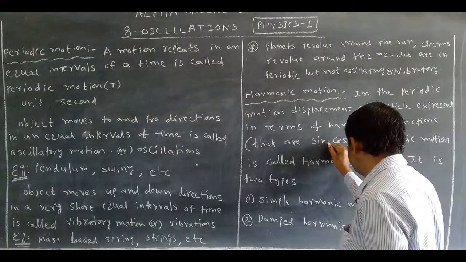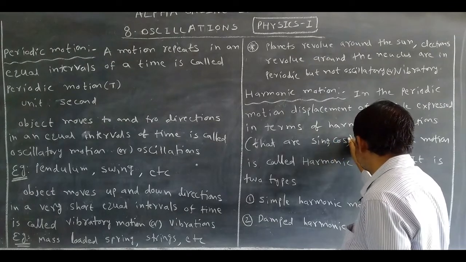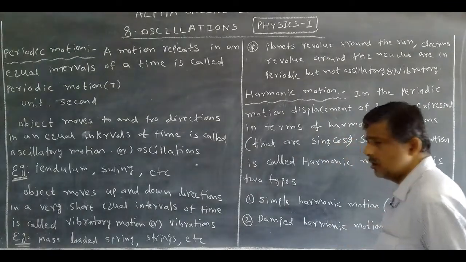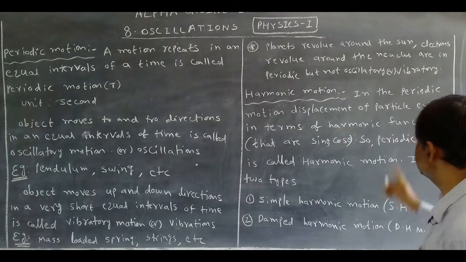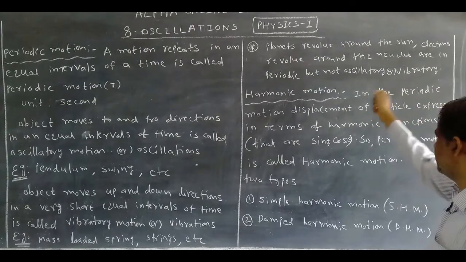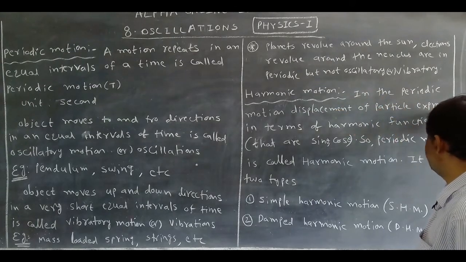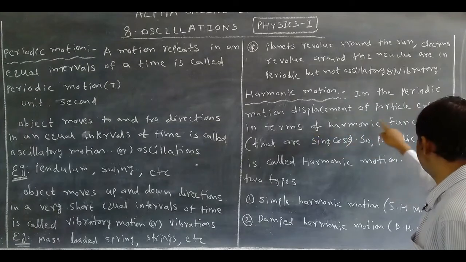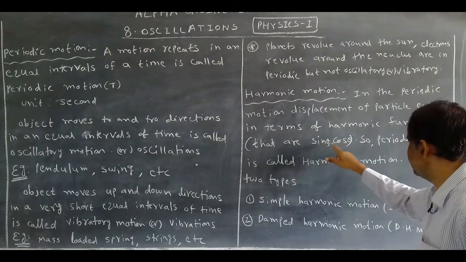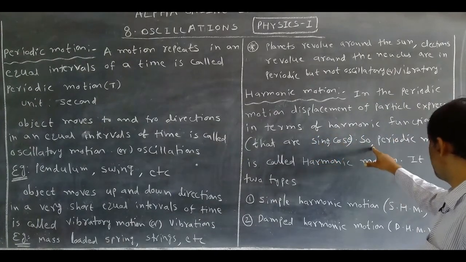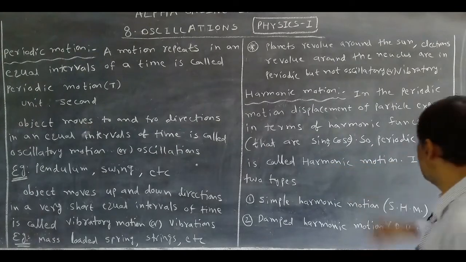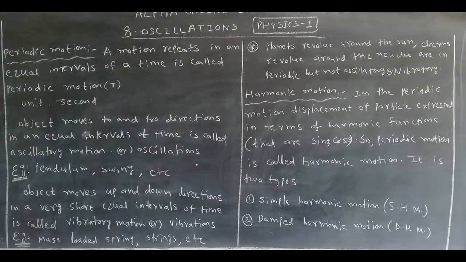These two are called harmonic functions. So periodic motion is called harmonic motion.